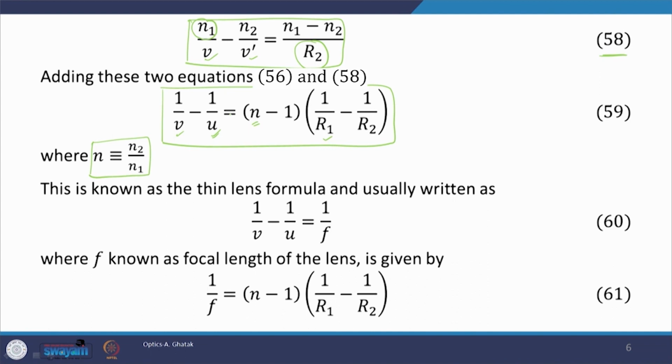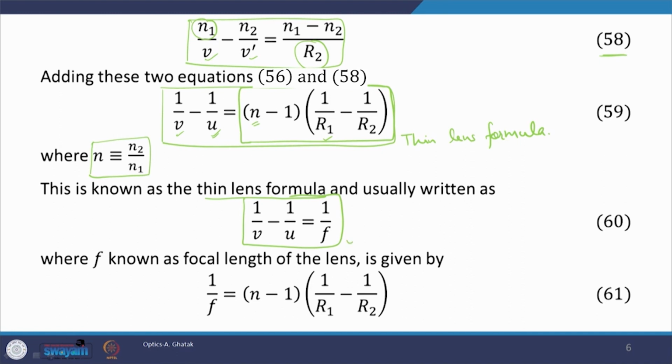This formula is known as the thin lens formula. Now, usually instead of writing this big right hand side expression, people replace this big right hand side in equation number 59 by 1 by f, and therefore expression 59 reduces to expression 60, which is 1 by v minus 1 by u is equal to 1 by f.